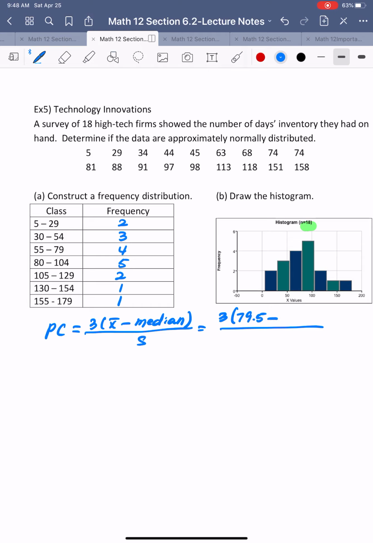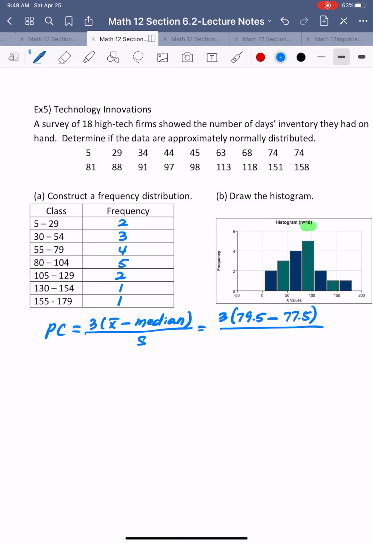The median: you put the numbers in ascending order and find the middle number. The middle numbers are 74 and 81, so 74 plus 81, divided by 2, gives 77.5. Then divide by s, and there's a formula for s too.